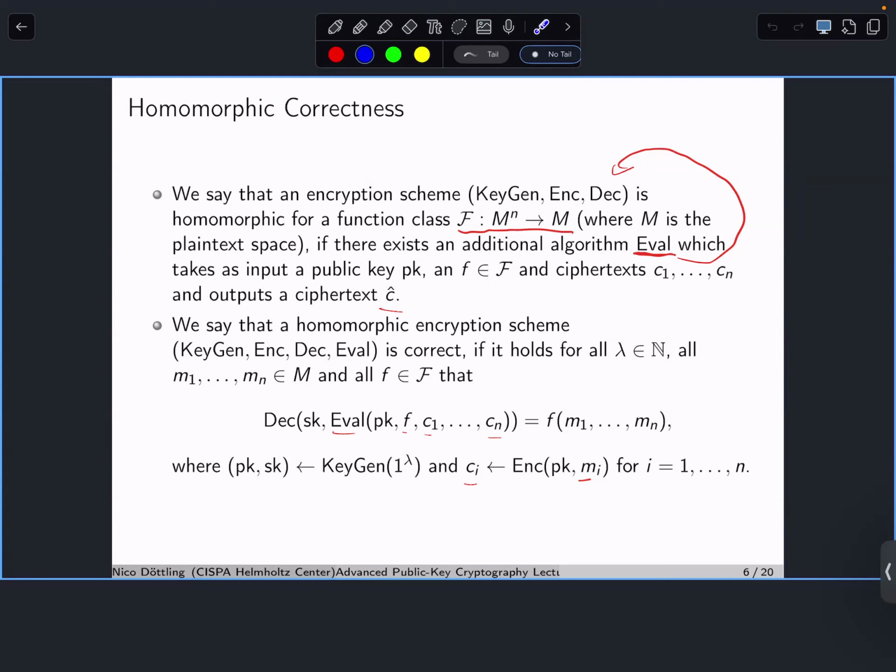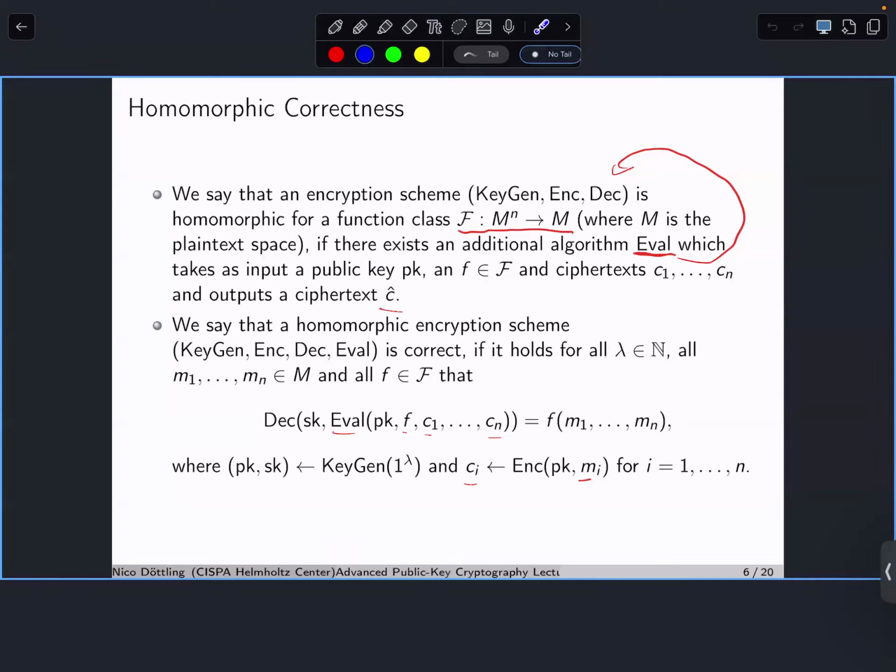For CCA1 security, it's still somewhat open whether this notion is achievable with homomorphic encryption, but there is no such conflict with CPA encryption, right?